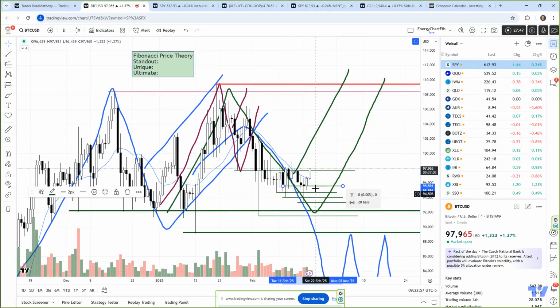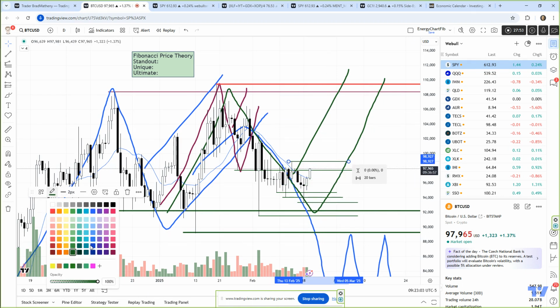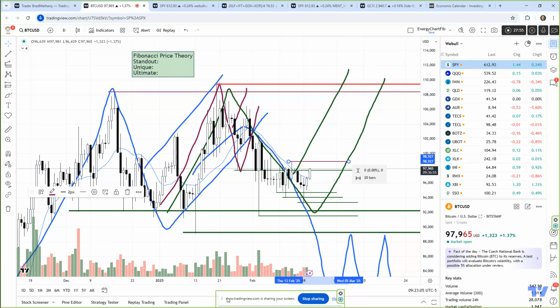We come in here and I can see a fractal high up here. We'll make it a dark red color. And I can see a fractal high, copy cleanly right there, right on that bar, 2 bars below it, 2 bars below it.